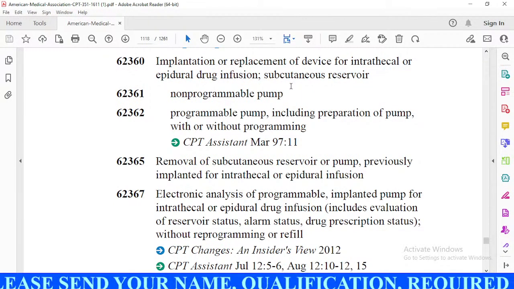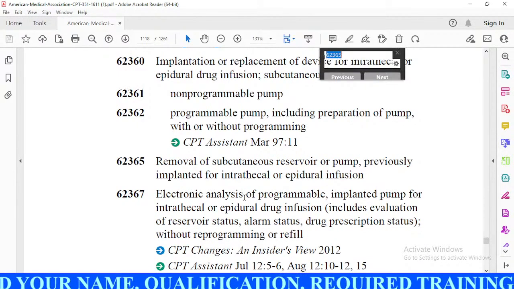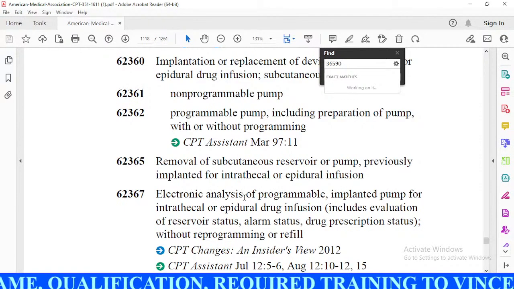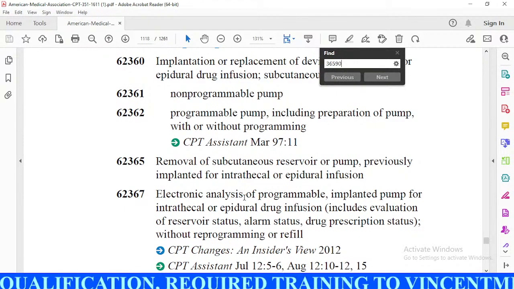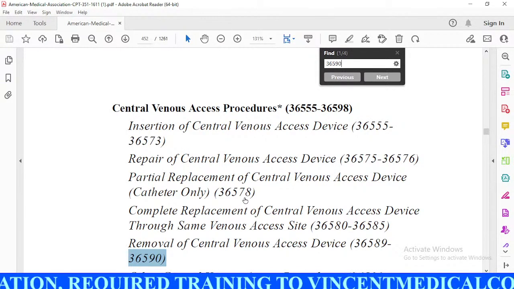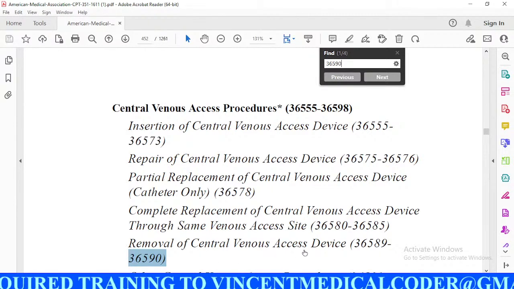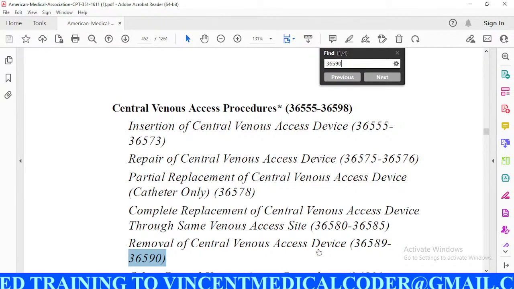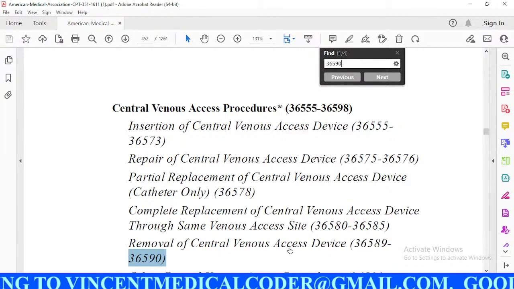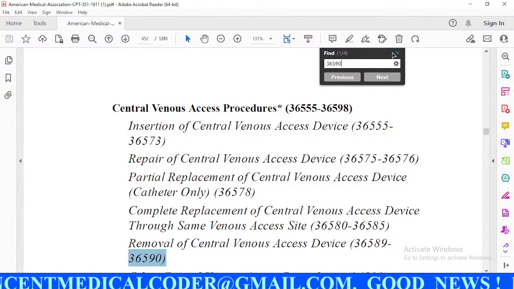So we can check 36590. It is removal of central venous access device. Here the physician removed the pain pump, not a central venous access device. So D is also wrong.